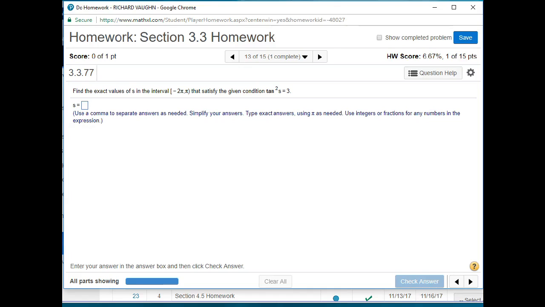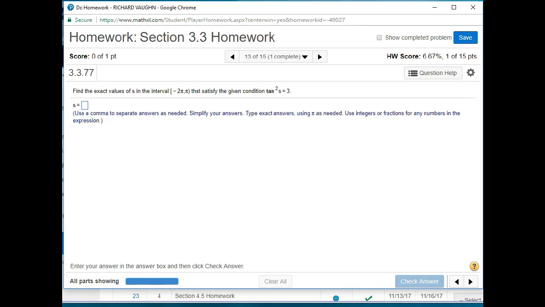And we want to have this condition that tan squared s is equal to 3. Now notice that the tangent is being squared to get 3, so the tangent itself could be positive or negative. So the square root of this, the tangent itself, is equal to plus or minus the square root of 3.